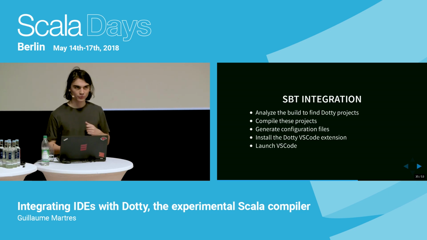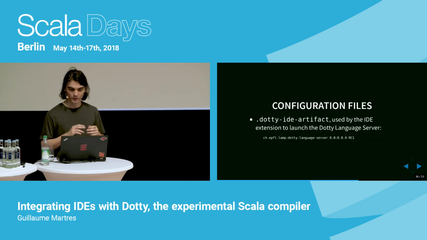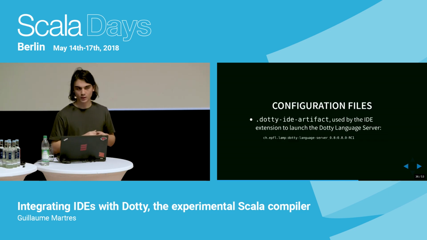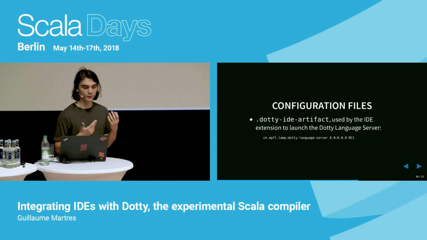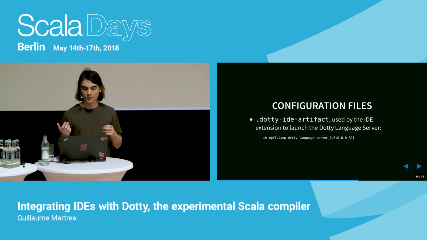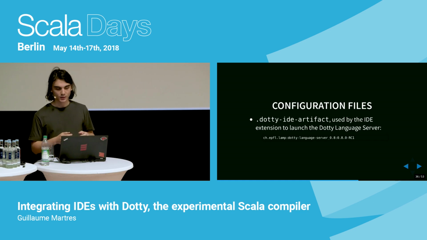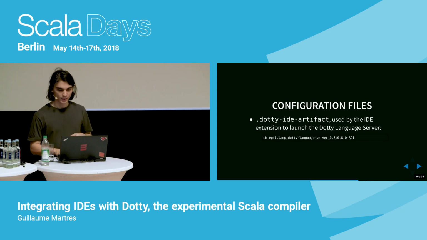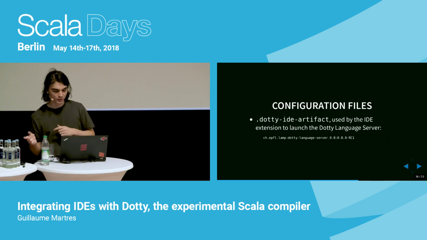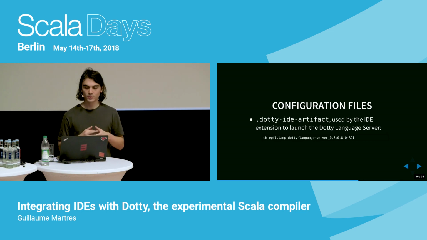So what kind of configuration files do we generate? There's basically two things. First, when VS Code is started, it has no idea which version of Dotty you're using, or how to start the language server. So we just give it the name of the artifact on Maven, and then we use Coursier to fetch this thing. And once the language server has started, it needs to know all your sub-projects and all their class paths.